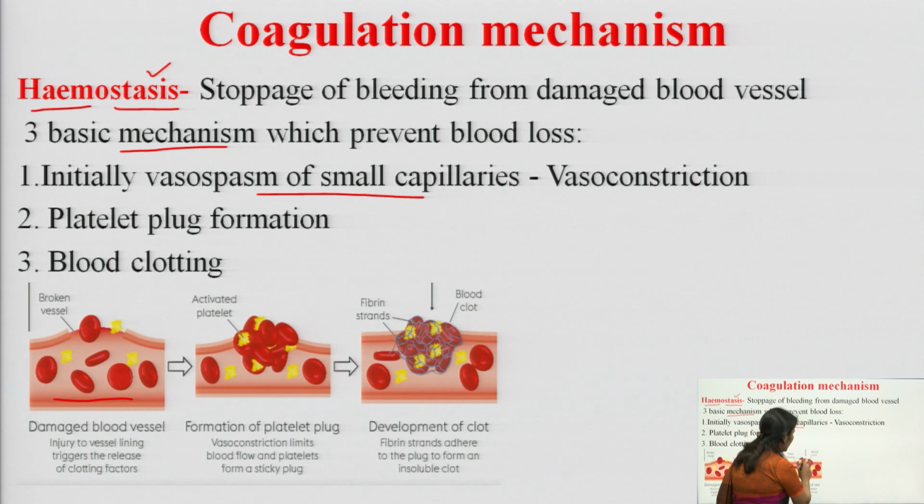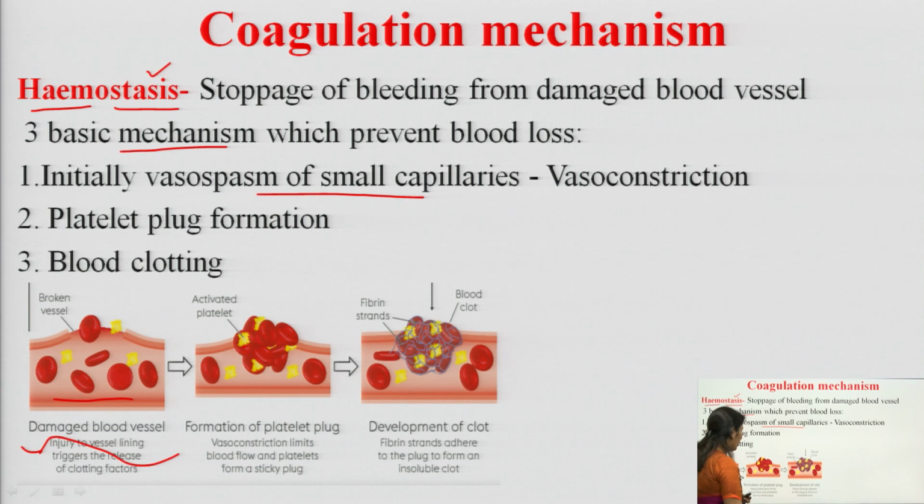Third stage is the formation of fibrin through blood clotting. Fibrin strands form a network and they form an insoluble complex.